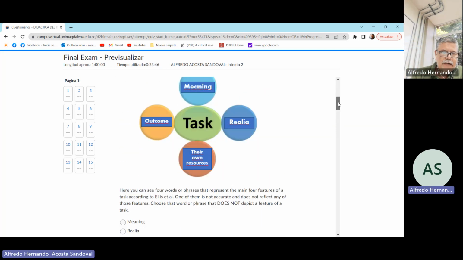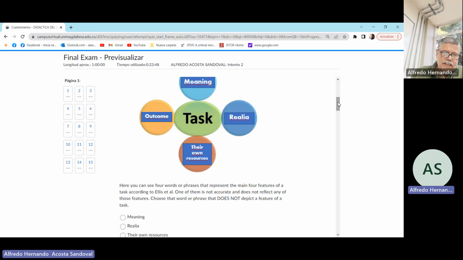Okay, let's move on to the second one. It says, here you can see 4 words or phrases that represent the main 4 features of a task according to Ellis et al. One of them is not accurate and does not reflect any of those features. Choose the word or phrase that does not depict a feature of a task.